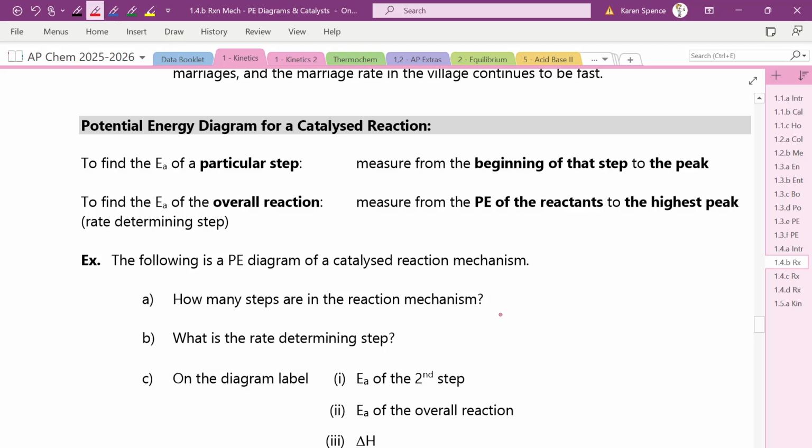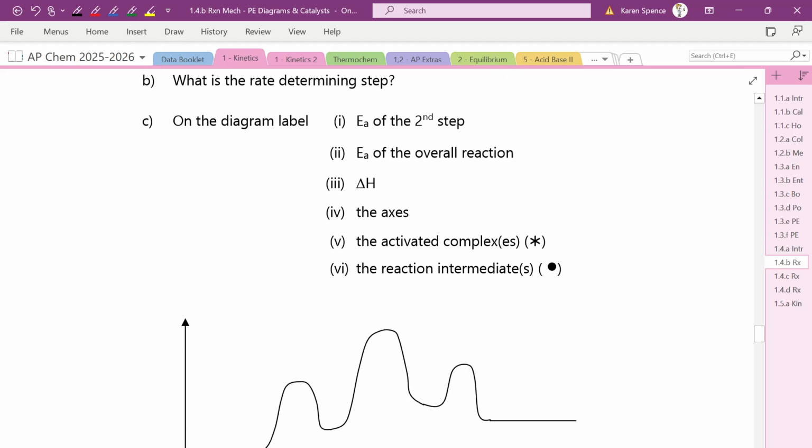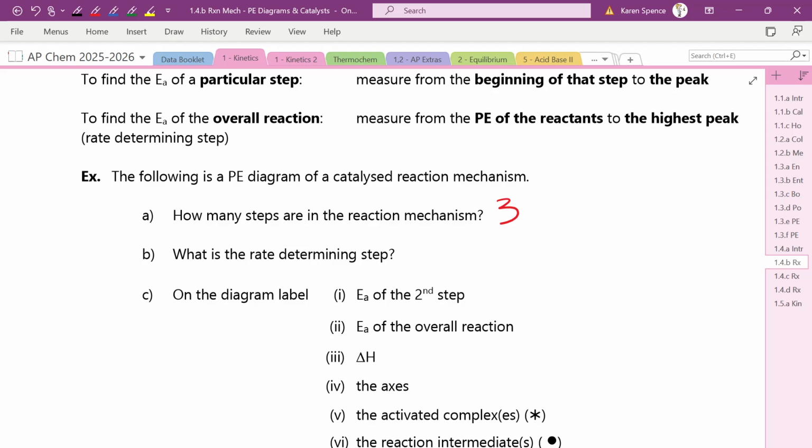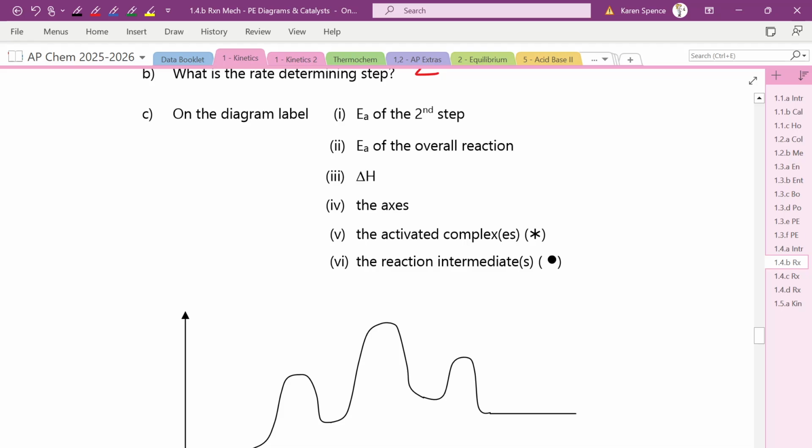Which one is the rate determining step? 2. On the diagram, label the activation energy of the second step. Label the activation energy of the overall reaction, delta H, the axes, and the activated complexes and the reaction intermediates. Off you go.